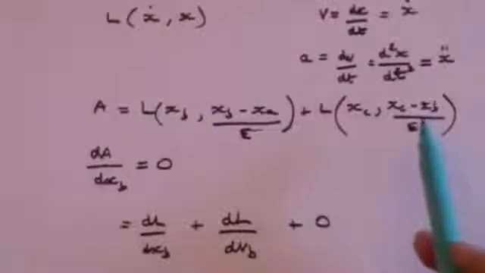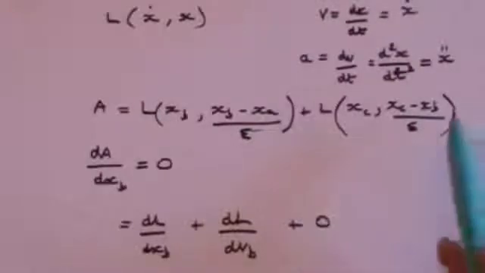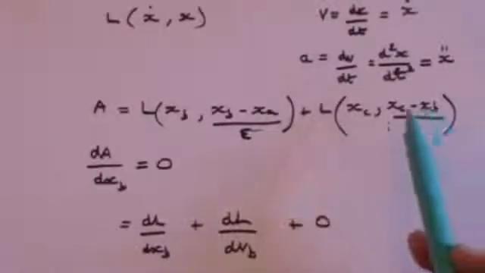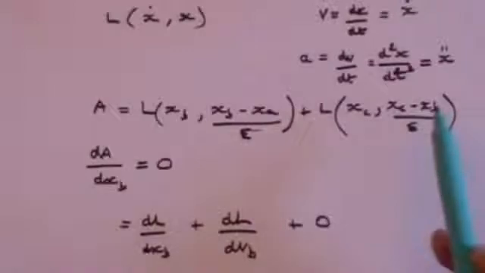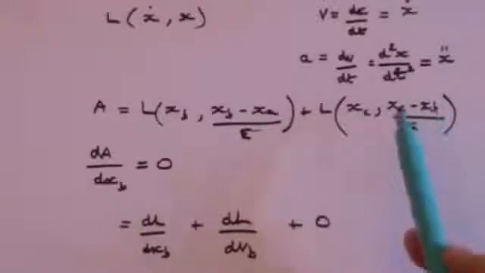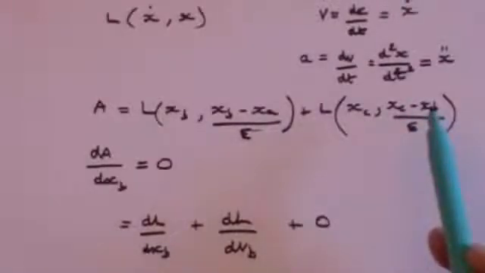And finally here, what happens if xb varies? Well, then the velocity varies, but in the other direction. If xb increases, the velocity decreases. Because if xb increases, xc minus xb will go down. So xb increases, the velocity decreases. xb decreases, the velocity increases.